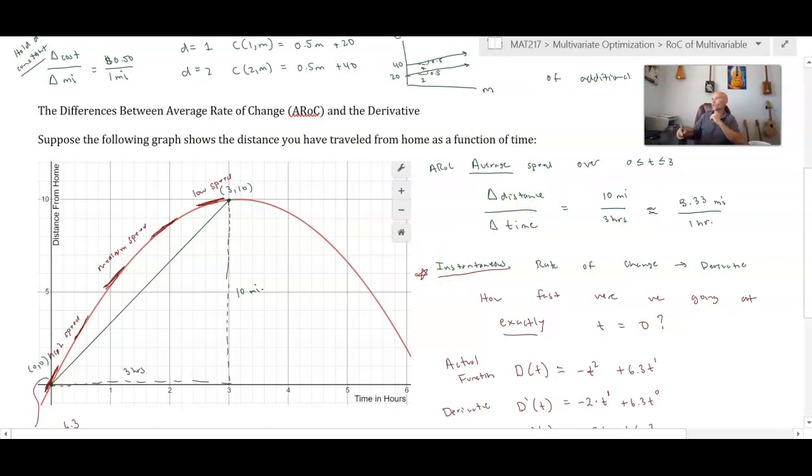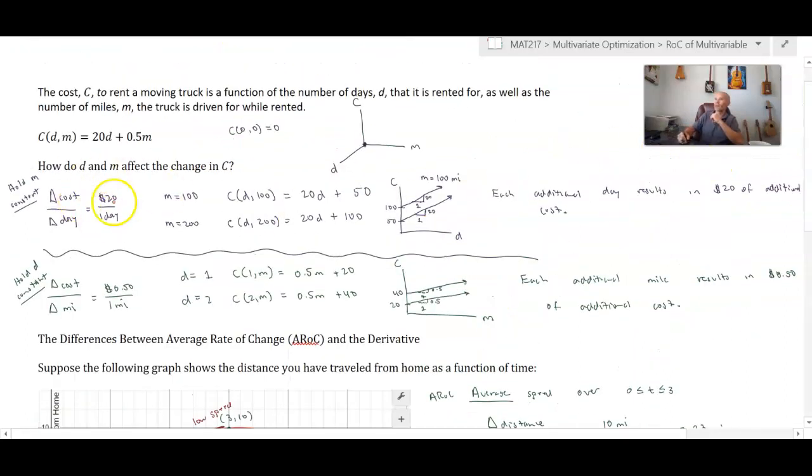In fact, we're going to be able to show that the derivative of this function right here, well, there are two. There's one with respect to days and another one with respect to miles. But we're going to find out that the derivative of cost with respect to days is 20, and the derivative of cost with respect to miles is going to be 0.5.